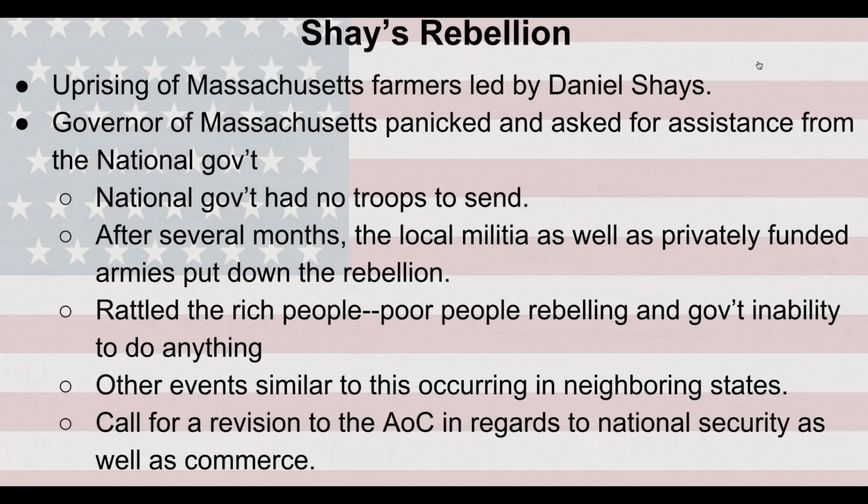So while it is a national security issue that finally calls for a revision to the Articles of Confederation, commerce is going to play a role as well.